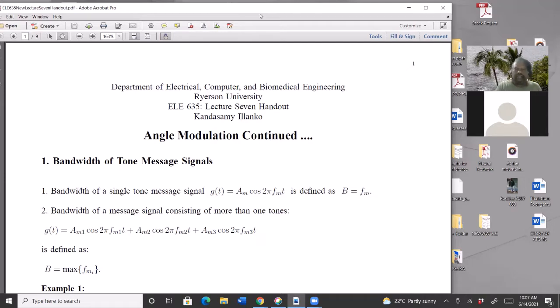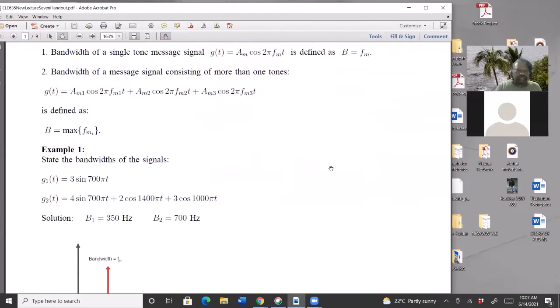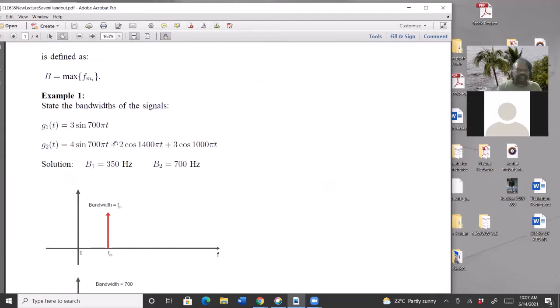And here is an example. G1 is this sinusoid, and as you can see, it has frequency 350. G2 has 350, 700, and 500. So the bandwidth of the first signal is 350.